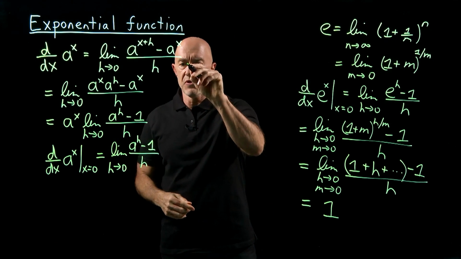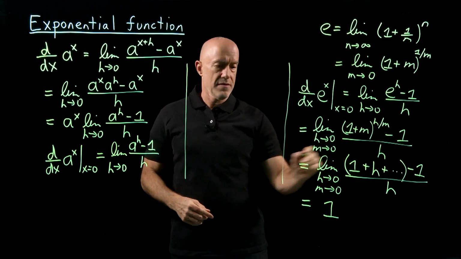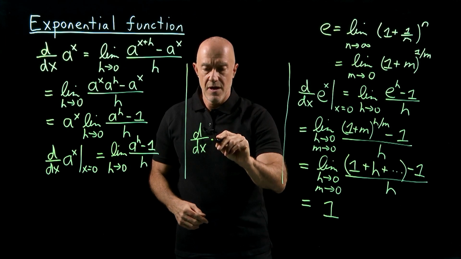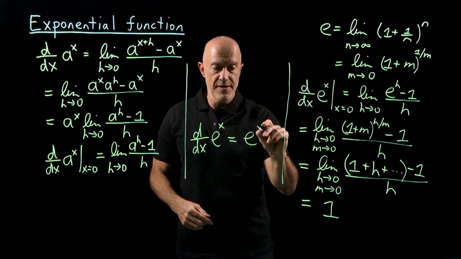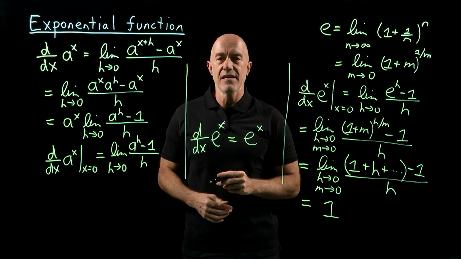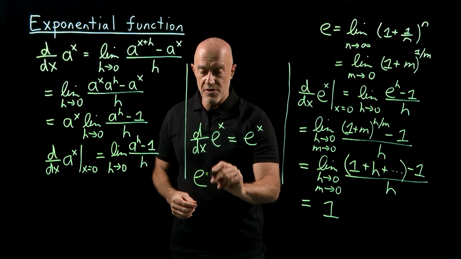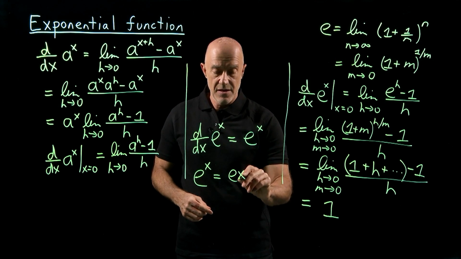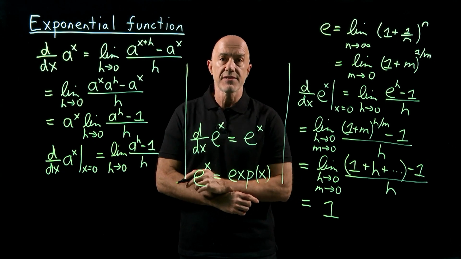So we get this beautiful result that the derivative of e to the x is exactly e to the x. That's why we like to use e in calculus. So we actually call this function the exponential function. So e to the x, we sometimes will write it as exp of x.